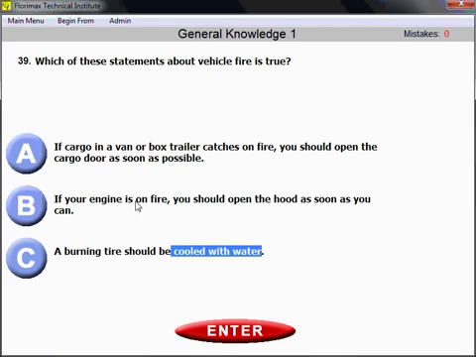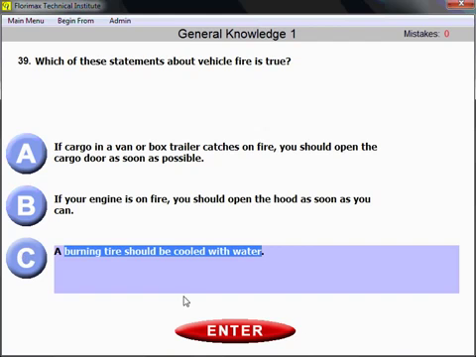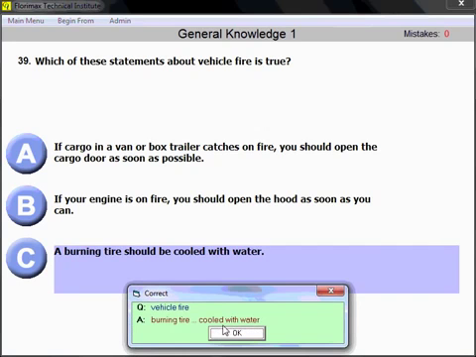You need not touch the engine. That's the only thing, the true thing, the allowed thing, and the required thing you need to do. A burning tire should be cooled with water, and only water, by the way, not any other liquid, maybe only sand. Okay? Very good. Tire, water.